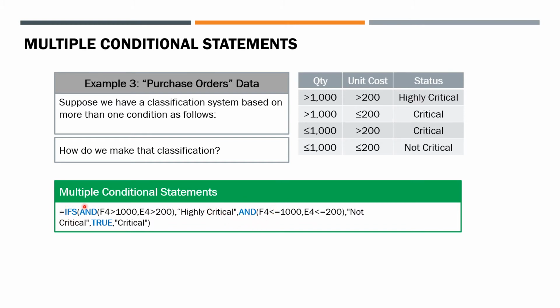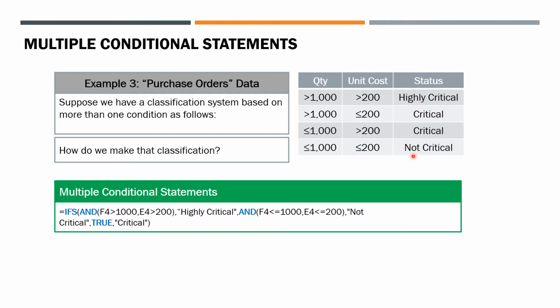If the quantity is less than or equal to 1,000 and the unit cost is less than or equal to 200, it is considered as not critical. This is actually the very last criteria, but in these statements it is included as the second criteria, because we do not need to perform it in order.